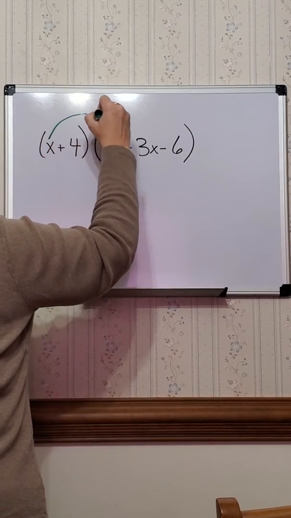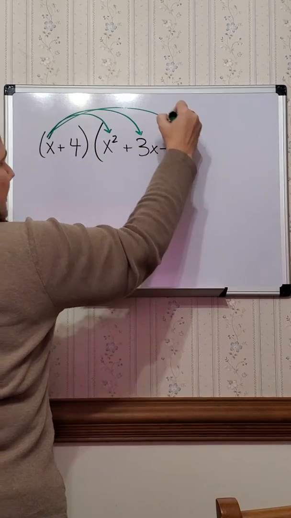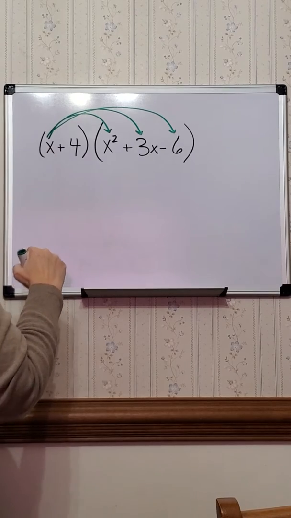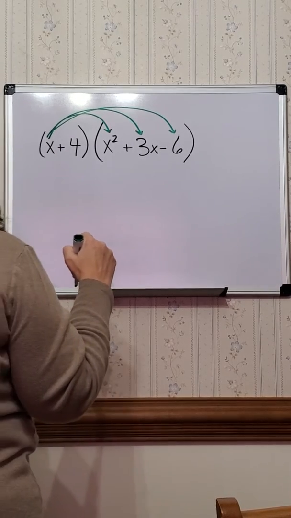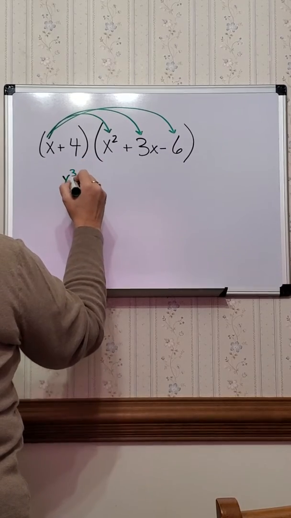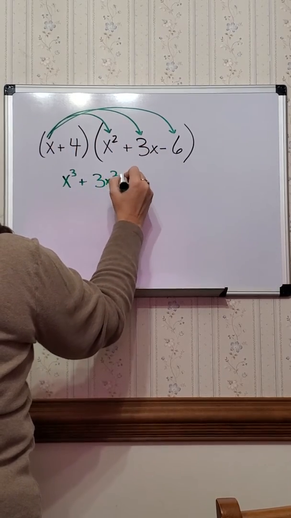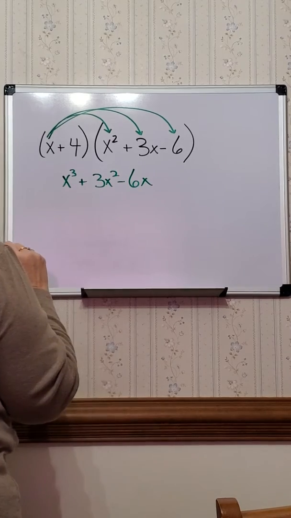We are going to distribute this x to each one of these. And we're going to do that first. Then we're going to do the same thing with that 4. So let's go ahead and distribute our x's first. So if I do x times x squared, I'm going to get x to the 3rd plus 3x squared minus 6x.